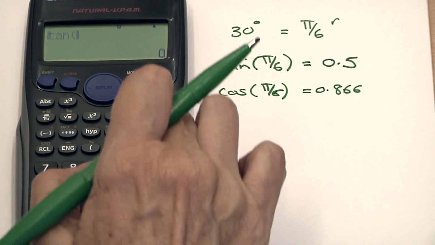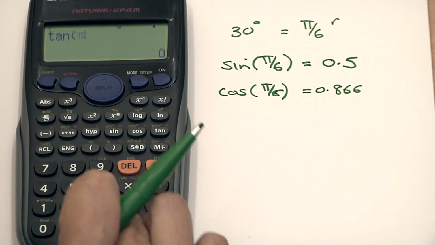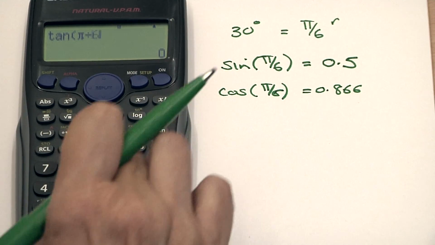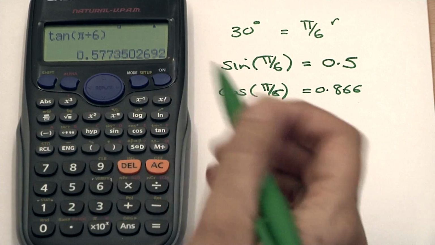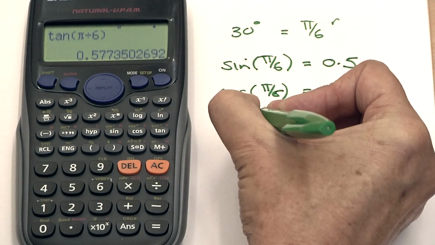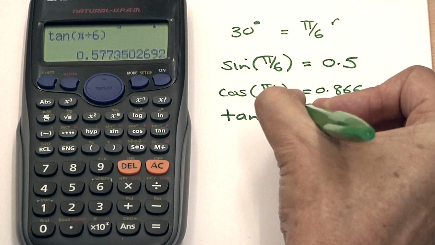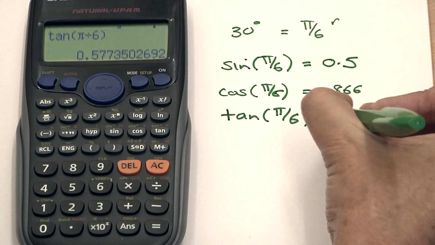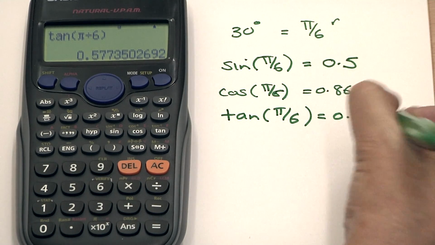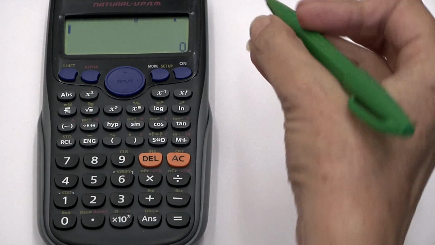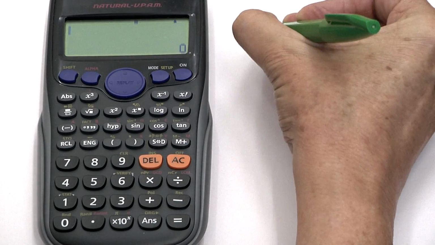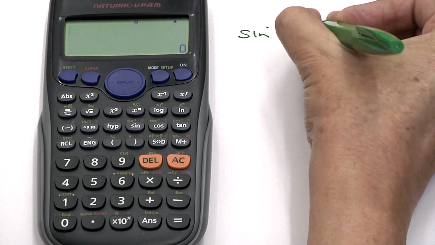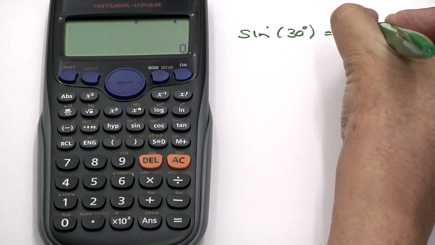And then tan pi divided by 6 equals 0.577 as before. Tan pi on 6 is equal to 0.577.